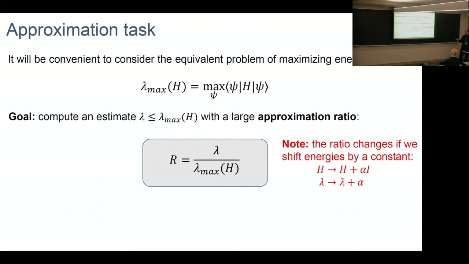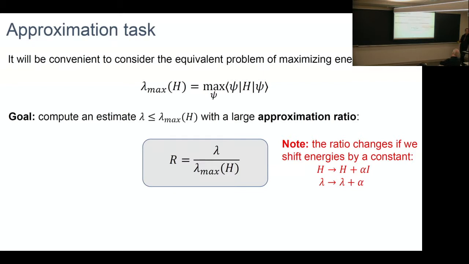Now, you might notice that if we shift the Hamiltonian by a term proportional to the identity, that's a very trivial thing. It doesn't change the complexity of really any real-world task, but it can shift the maximum eigenvalue, and it can shift our estimate, both by a constant, and so it can change this approximation ratio.